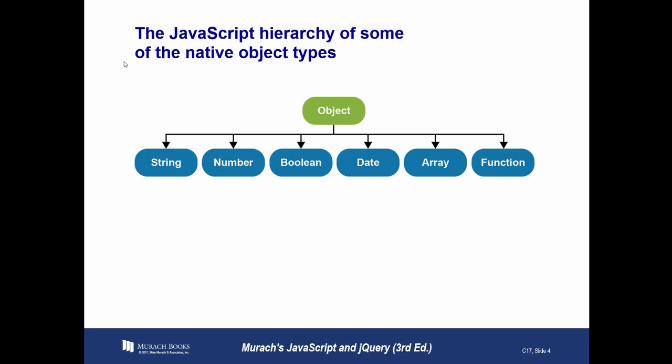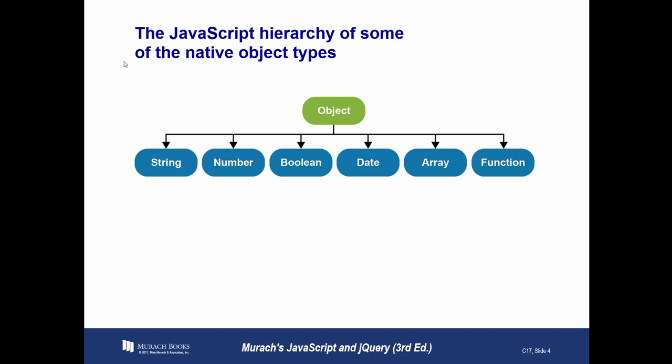So what we see on the screen here, as it says, is the JavaScript hierarchy of some of the native objects. Now, JavaScript is different than other programming languages because it has what's referred to as a flat hierarchy of native object types.